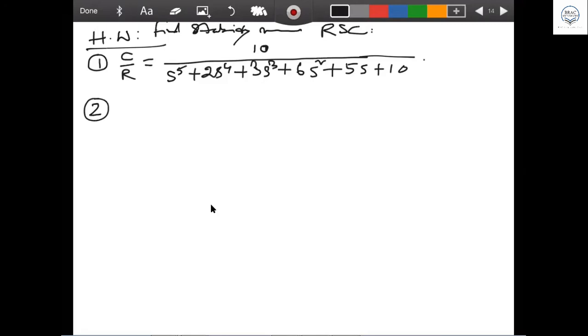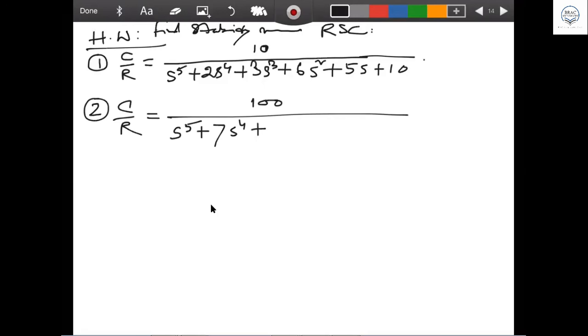Then you copy the second one, C by R equal to another one. We can write 100 divided by s to the power 5 plus 7s to the power 4 plus 6s cube plus 42s square plus 8s plus 56. This is the problem.